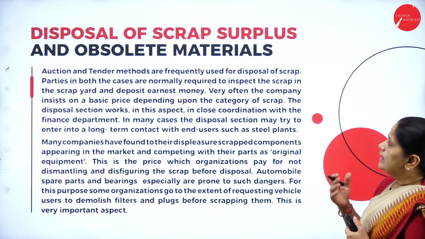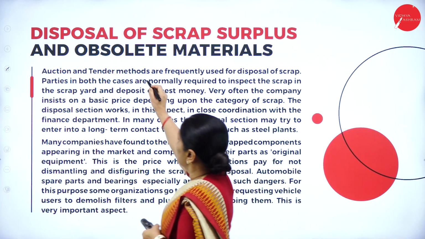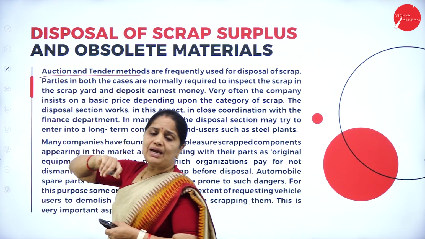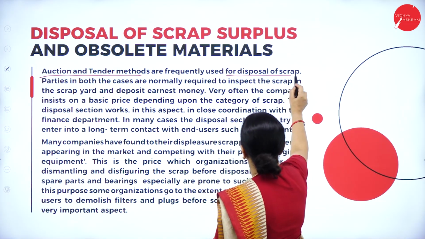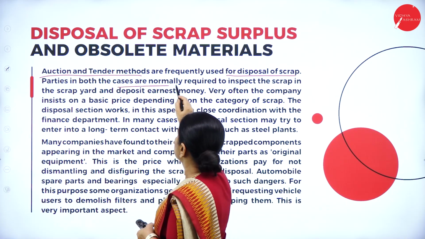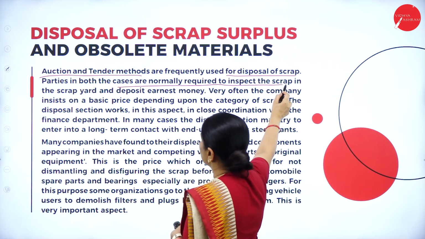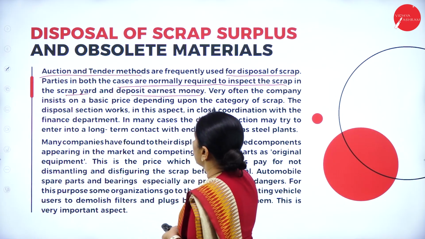Then the next one is the auction and tender method. So what do we mean by auction and tender method? They are frequently used for disposal of scrap. Parties in both cases are normally required to inspect the scrap in the scrap yard and deposit earnest money.